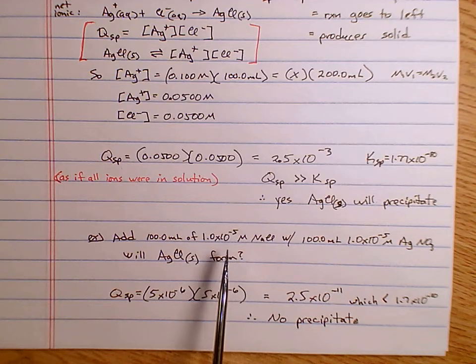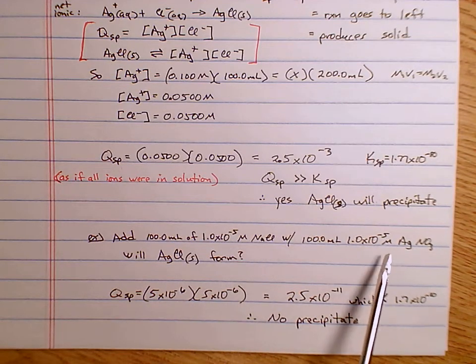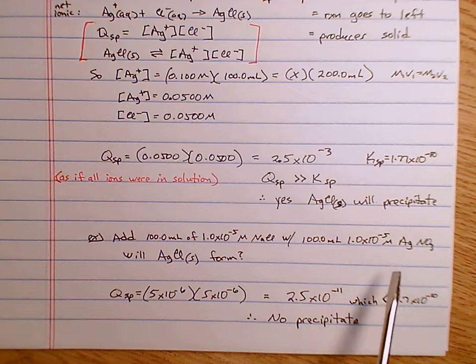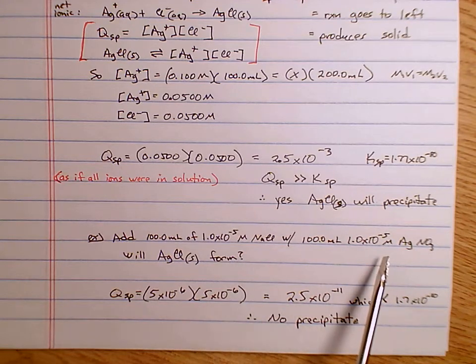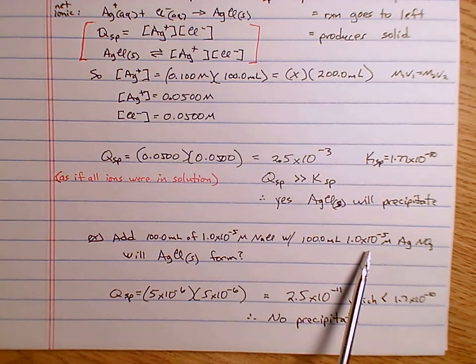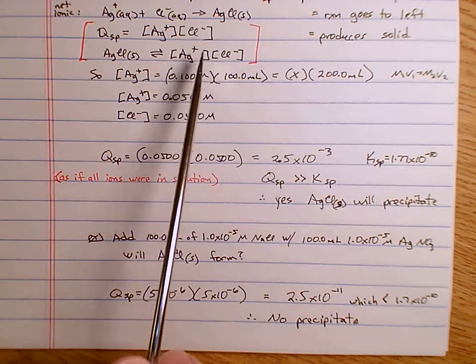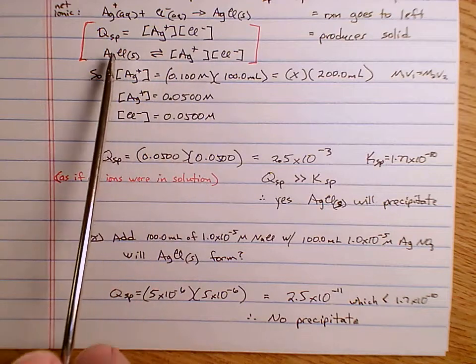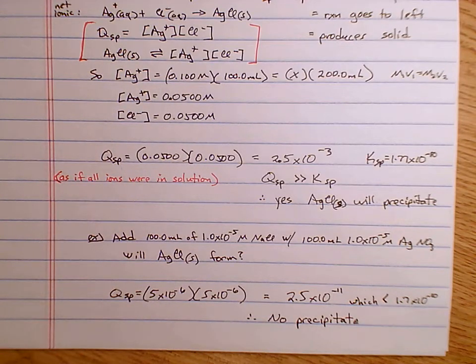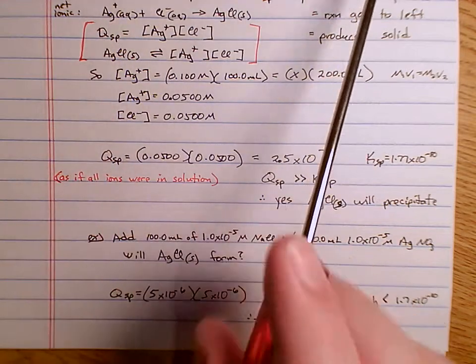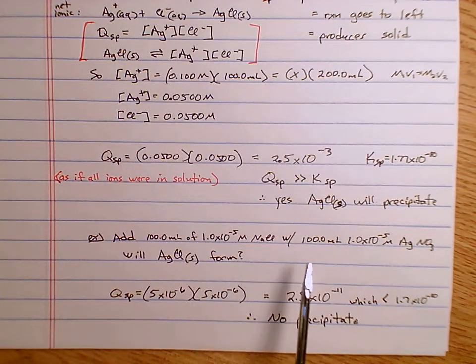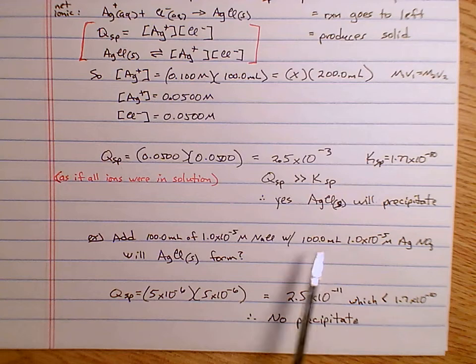This solution of sodium chloride and this solution of silver nitrate are so weak in ions that there's not enough ions present in solution to form silver chloride solid according to the equilibrium KSP. So here's a situation where no, you do not get a precipitate, even though your equation says you should. A precipitate will not form due to such low concentration of initial ions.